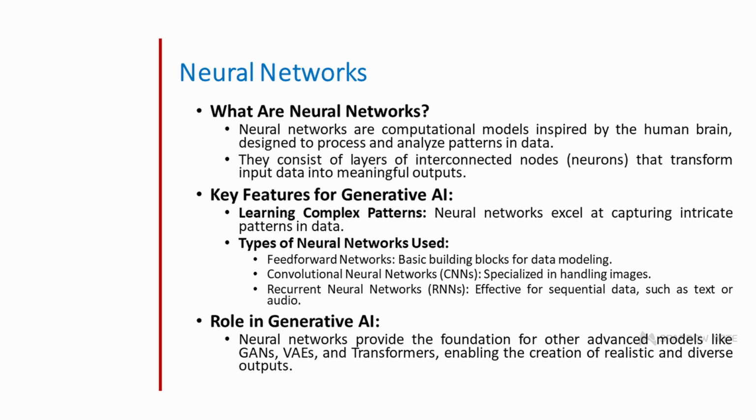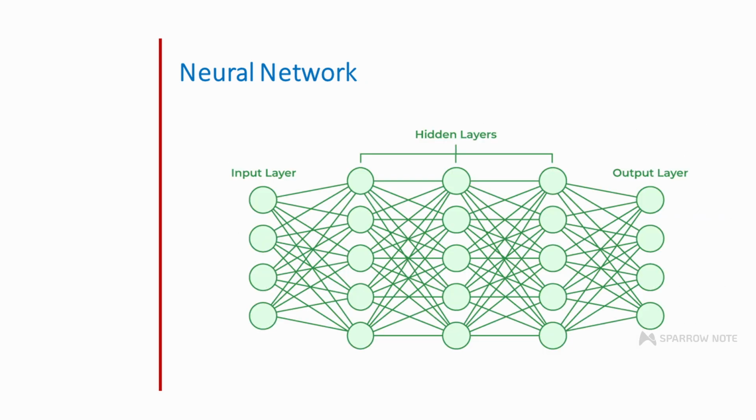Most generative AI models utilize deep neural networks, which consist of multiple layers of interconnected nodes, allowing for more sophisticated pattern recognition and learning. Every neural network has a structure or architecture that starts with an input and ends with an output. In between, a number of hidden layers exist that the data passes through.